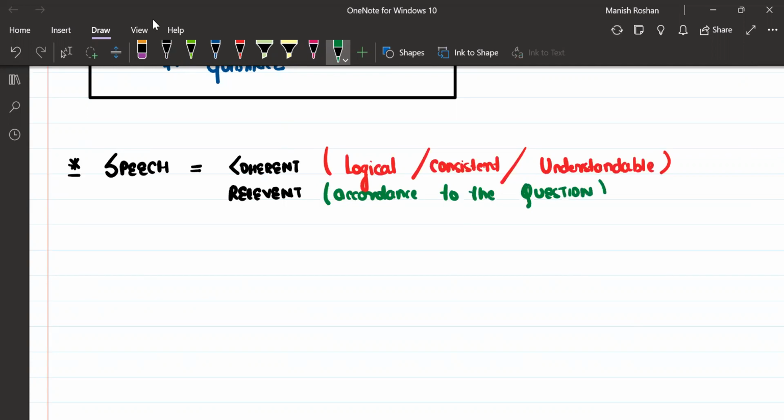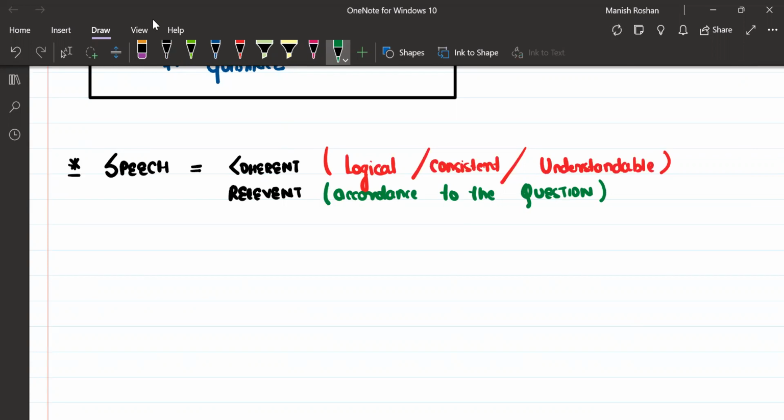It might happen that if you ask a question, the patient might not reply to the same topic to which the question has been asked. Rather, they will say something else. For example, in circumstantiality or tangentiality, the patient deviates from the topic.